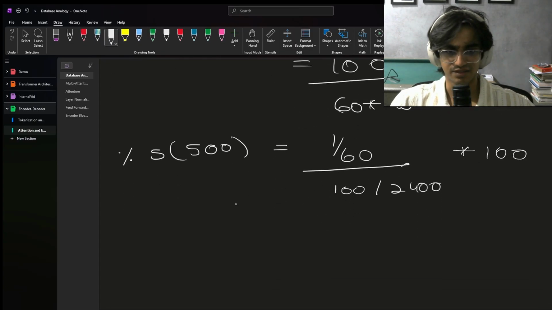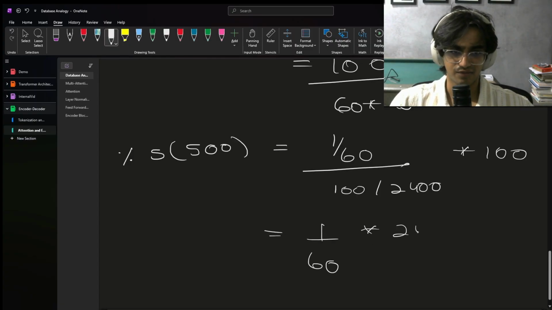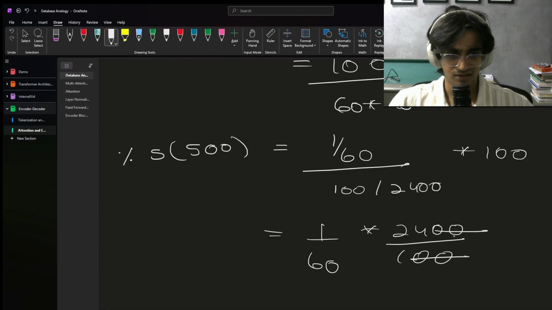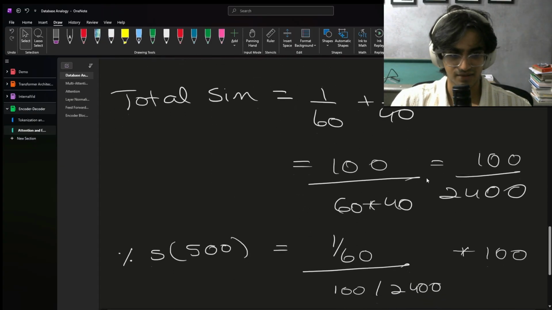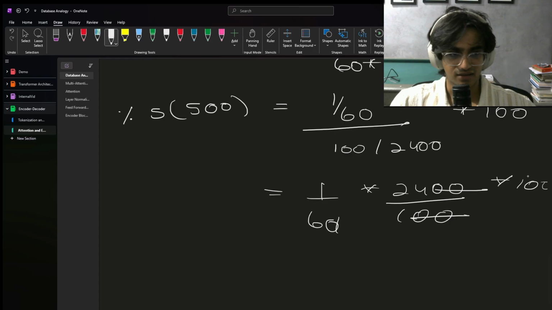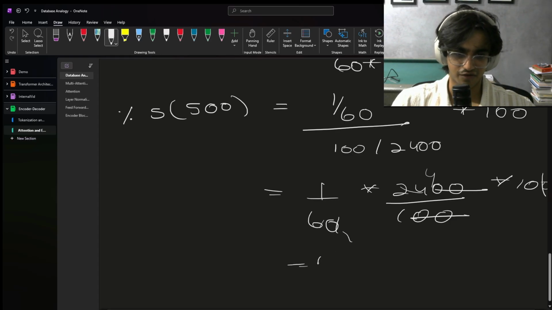So this is how you get the percentage. So this is 1 over 60 into 2400 divided by 100, and I forgot an into 100. We can cut the zeros here, and 6 will go here 1, 6 will go here 4 times. So this is 40%.